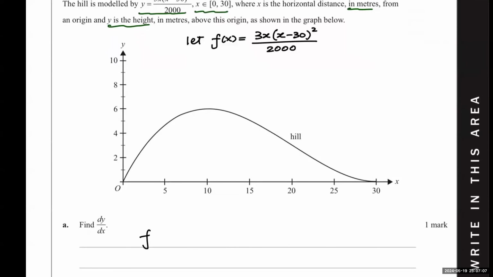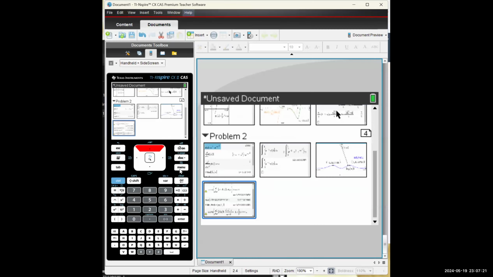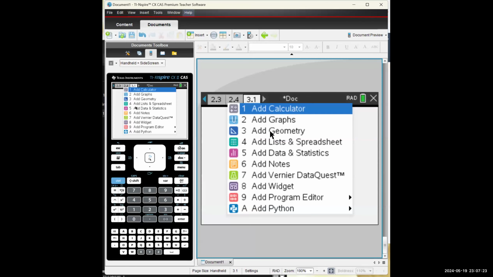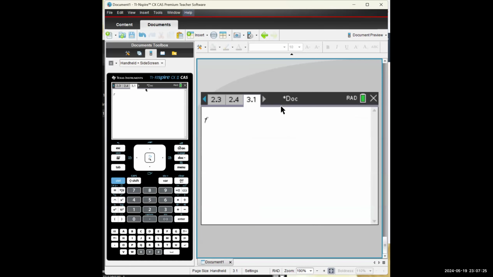Along the line like this, and find dy dx. Well, this f dash of x will be equal to dy dx. And then you can just use your CAS calculator and define everything. Again, I'm going to insert another problem and be consistent with my function notations.